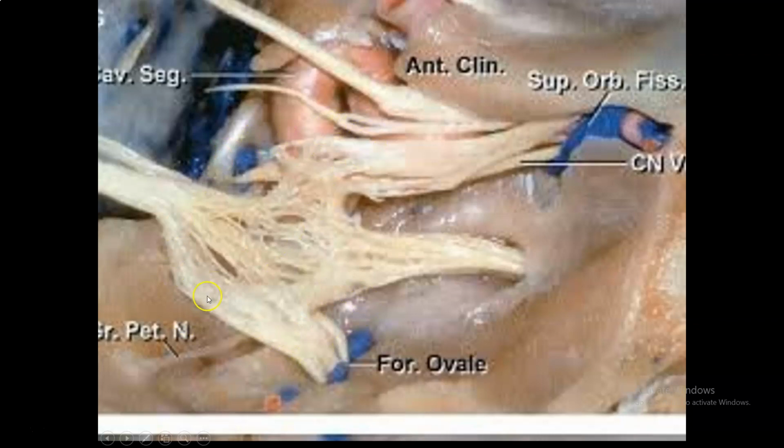Again, you can see here the greater superficial petrosal nerve. Kawase's is here, Glasscock's is here, the anteromedial triangle is here, and the anterolateral triangle is here.